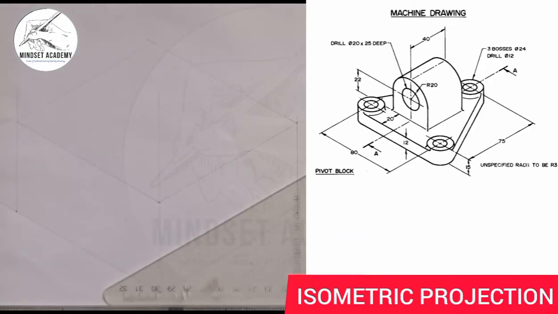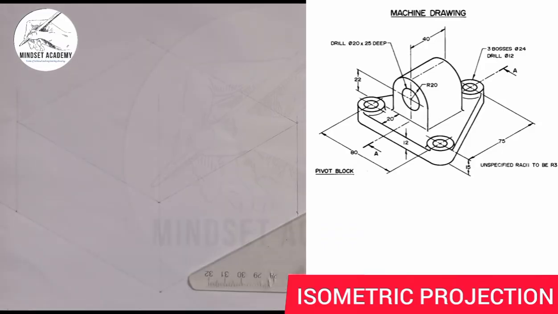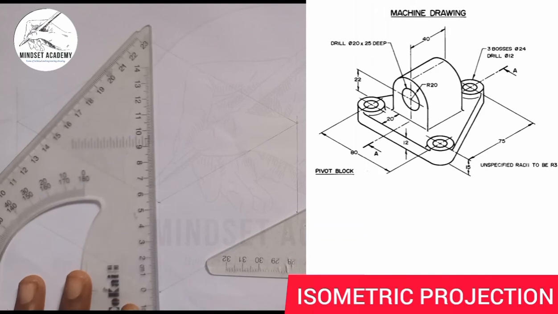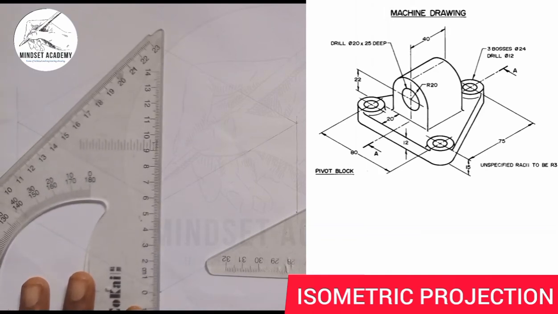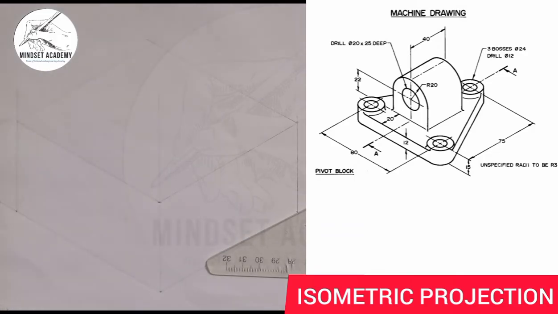Now I'll measure a height of 12. You can see it from here to here, 12. So I'm going to measure the 12 at this point. From 0, 10, 11, 12. You can see that?